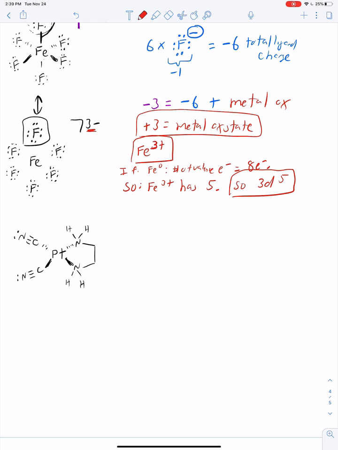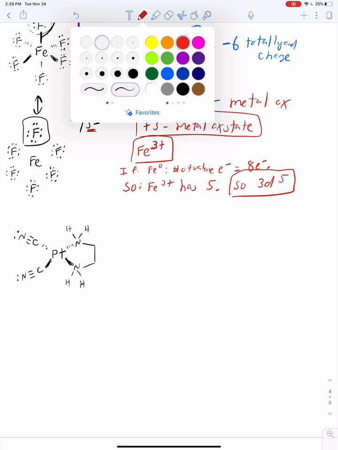Iron 3+ has 5 valence electrons, and so I have 5 electrons in those valence 3d orbitals. All right, we can keep going.